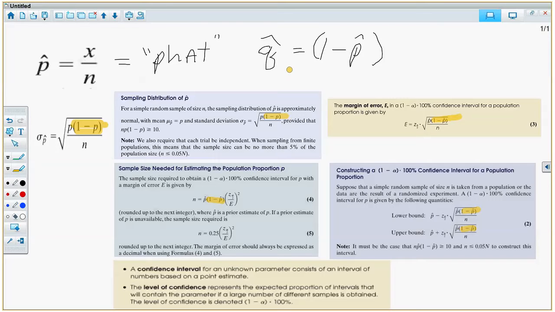So can it be P times Q hat? Is there a Q hat in the formula? Most of the time, P and P hat is the same thing. Okay. Most of the time. P and Q hat. Yeah. But just remember, whenever you see P and Q, Q is the complement of P. P hat is the complement of Q hat.